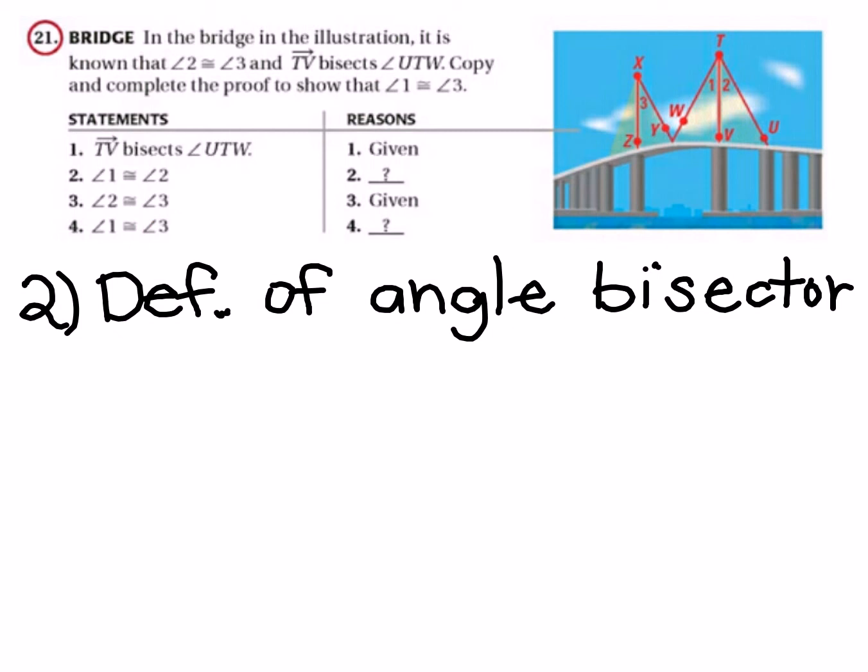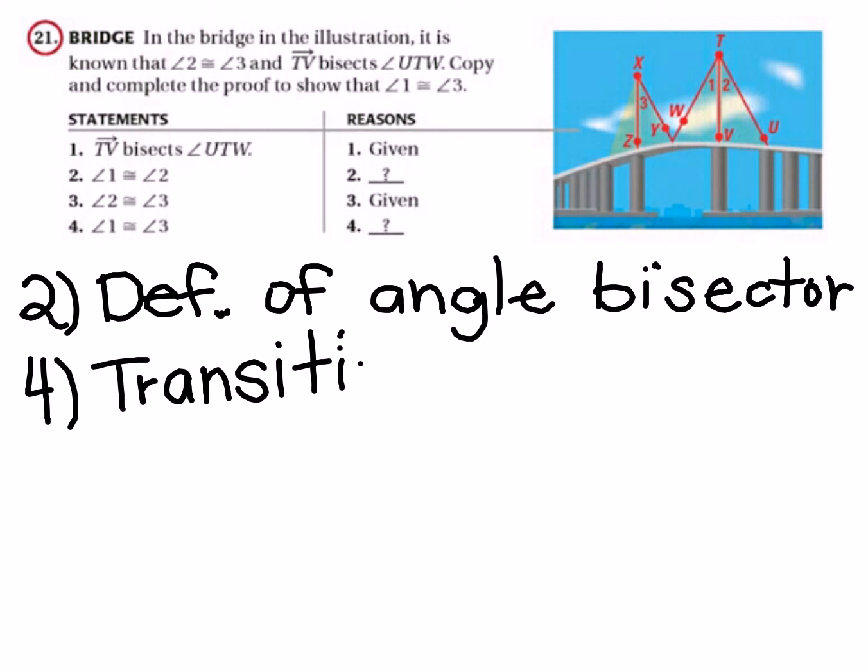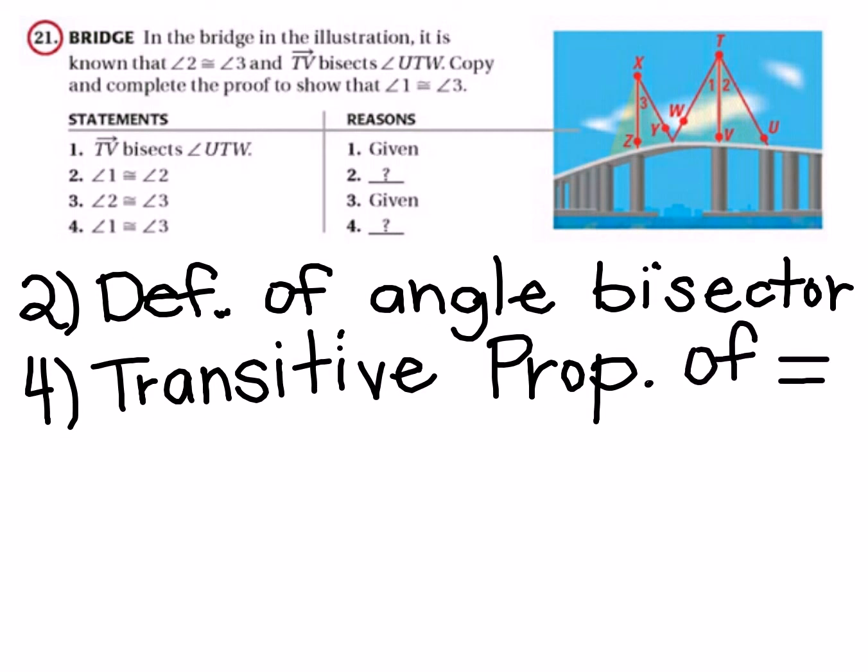So I know that my answer for step 4 and the reasons is transitive property. And when you're taking notes, it's okay to abbreviate the notes. And then when you're doing homework, classwork, tests, write it all the way out. So for step 4, my answer is transitive property of congruence. Again, I use the term congruence because I see congruent symbols.